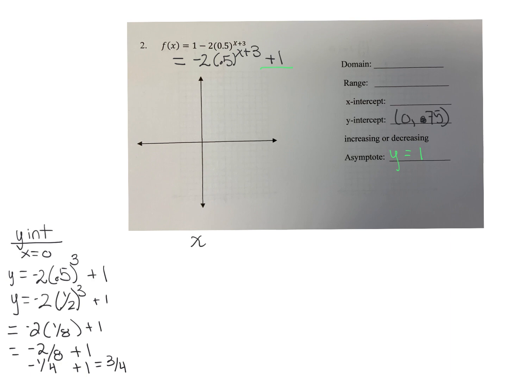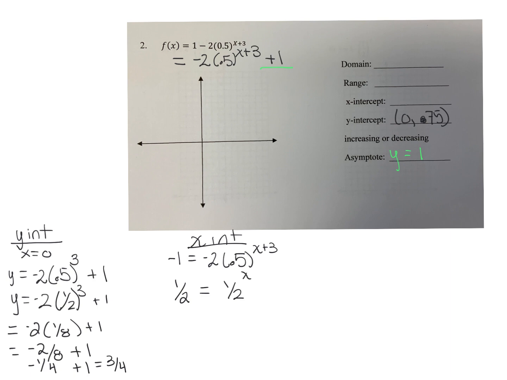To do my x-intercept, we'll see how this one goes this time. I'm going to plug a 0 in for the y, so I'm going to minus my 1 over. Don't drop your negative: negative 1 equals negative 2 times 0.5 to the x plus 3. Divide by this negative, so I get 1/2 equals, I'm going to rewrite my 0.5 as 1/2 to the x plus 3.